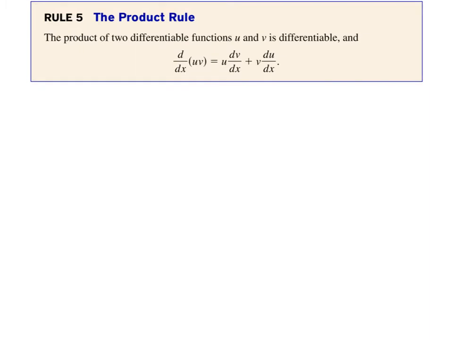The product rule. How I think of it is, d/dx of uv is equal to, I write it like this: first, u is the first one, times the derivative of the second, so I do v prime, plus the second term, v, times the derivative of the first.